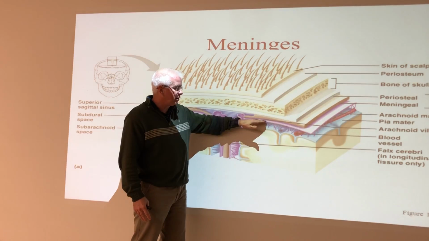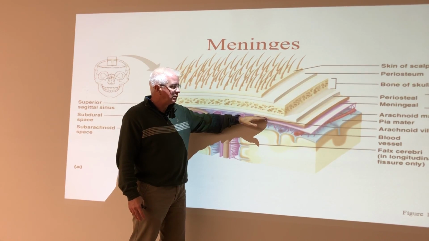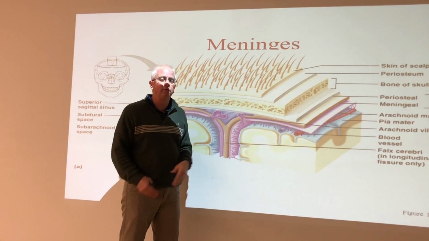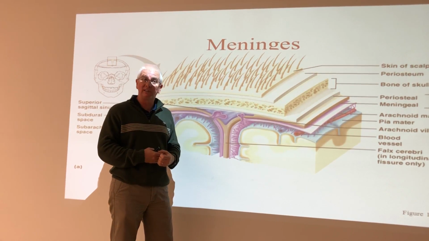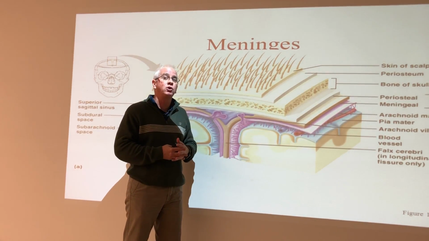So the arachnoid mater is fused to the dura mater. It is fused to the meningeal layer of the dura. And then there is a gap between the arachnoid mater and the surface of the brain, and that gap is called the subarachnoid space. In that subarachnoid space, you will find fluid.